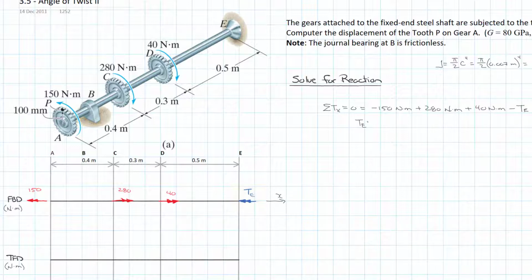We can isolate for the torque at E and resolve that down, and we get a value of 170 Newton meters. So I'm just going to write that in here, 170 Newton meters.